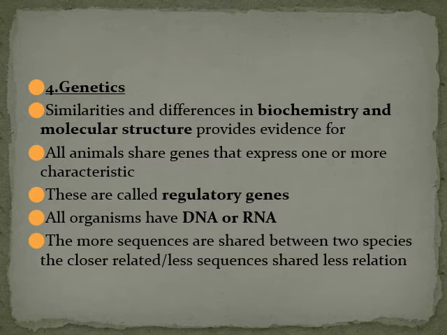The more sequences within your DNA that are shared between two species, the closer they are related, whereas obviously the fewer sequences you share, the less of a relation. That's often why we compare ourselves to chimpanzees. We have 98% similar DNA to chimpanzees, and so we're very closely related to them.